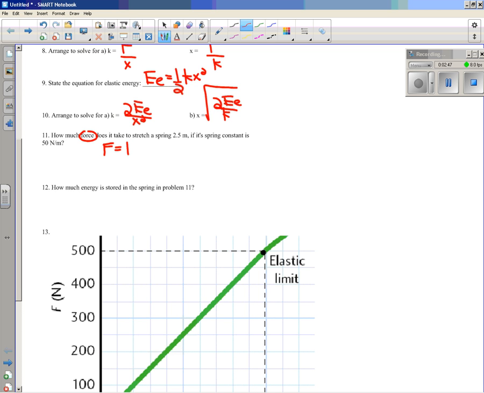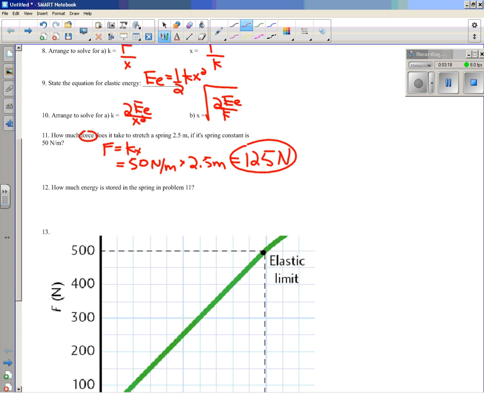F equals kx, and that's 50 newtons per meter times a stretch of 2.5 meters. That's a long way to stretch a weak spring like that, but that's what we're doing here. 50 times 2.5 equals 125. And what's the unit on that? It's a force, so that's simply newtons.